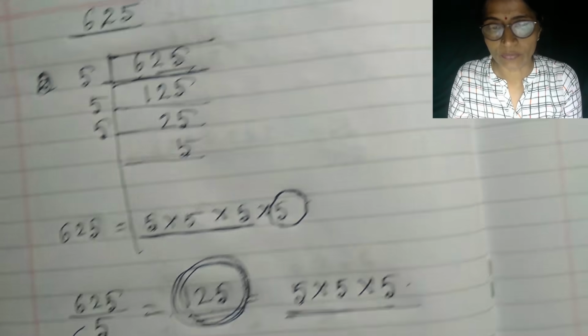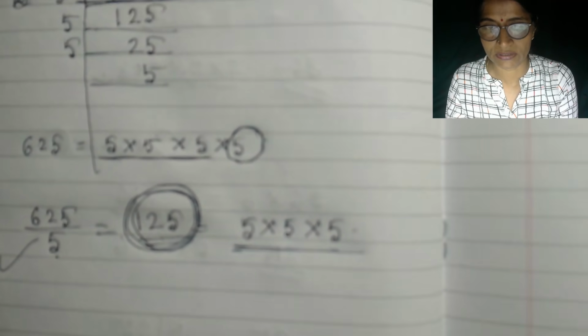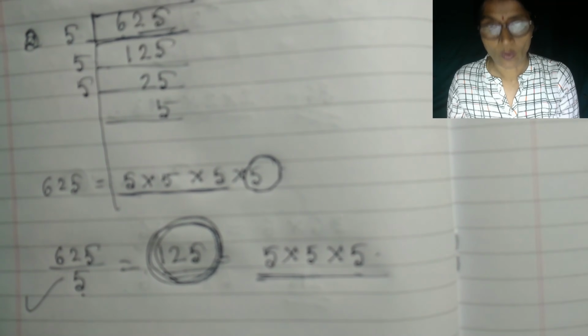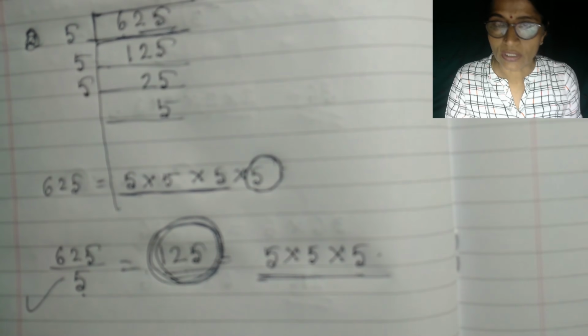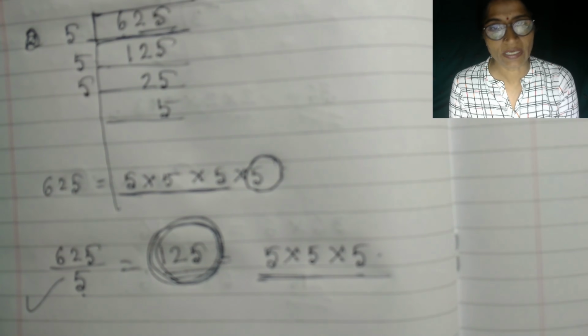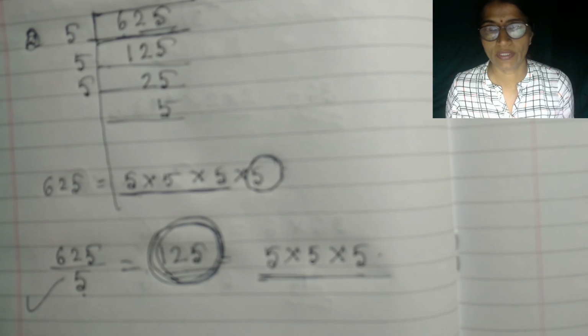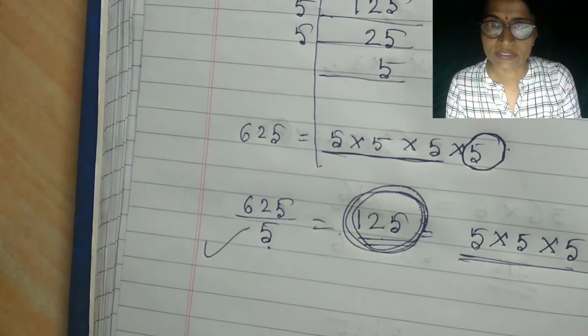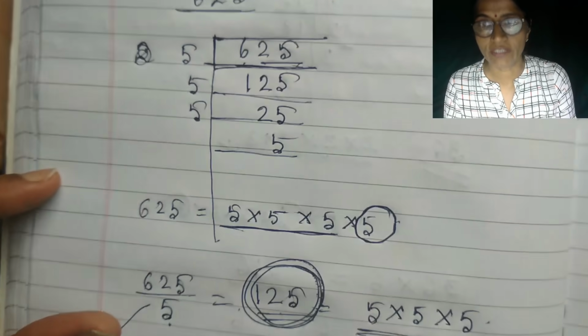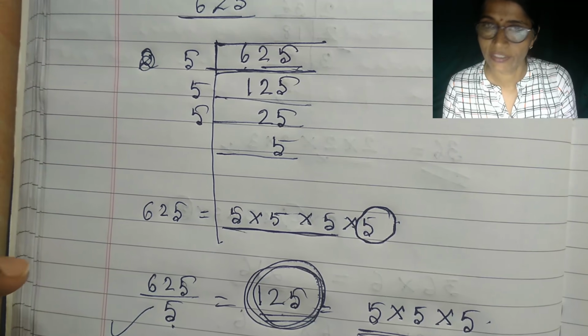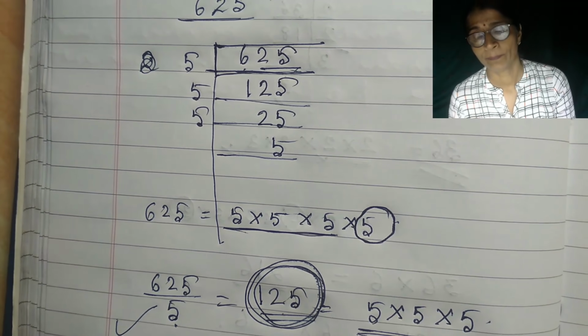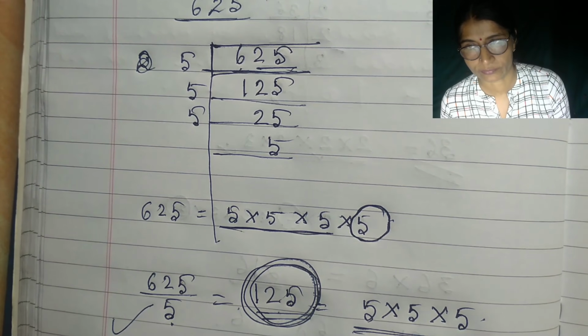So to find out whether a given number is a perfect cube or not, we can use the prime factorization method, where we will see whether the triplets are there or not. If they are not there, it means it is not a perfect cube.